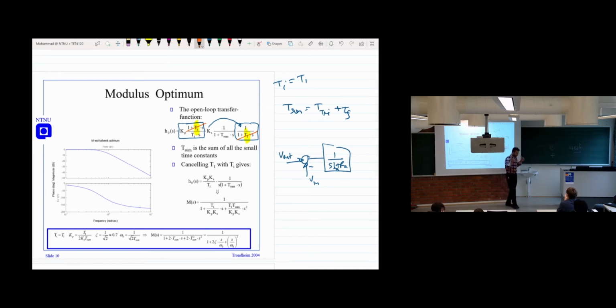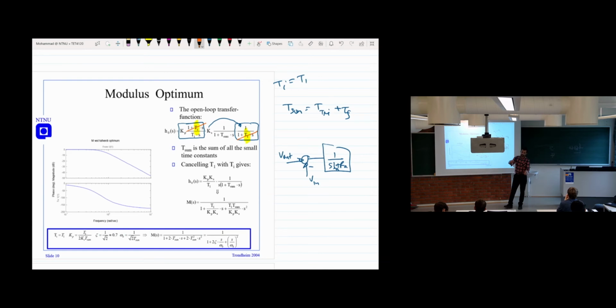So we see that we need to tune two parameters: one is Kp, and the other is Ti. That's what we want to find. Now we set Ti equal to T1, and T1 comes from the system parameters. If it's a machine, then we know the inductance and the resistance of that machine.